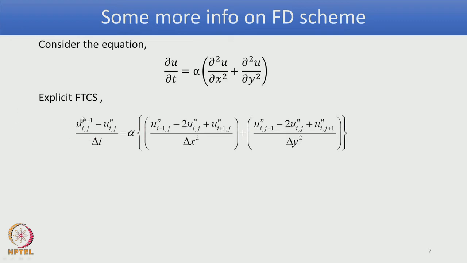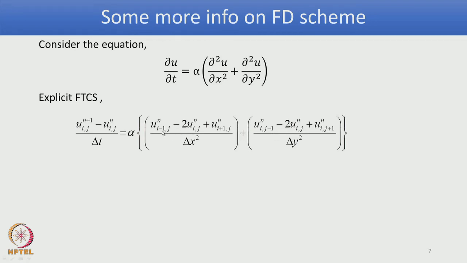So, forward in time, this we already know, and central in space, but we have 2 terms, one for x, another term for y. So, the term in the first bracket is for the derivative in x and the second term is for the derivative in y.